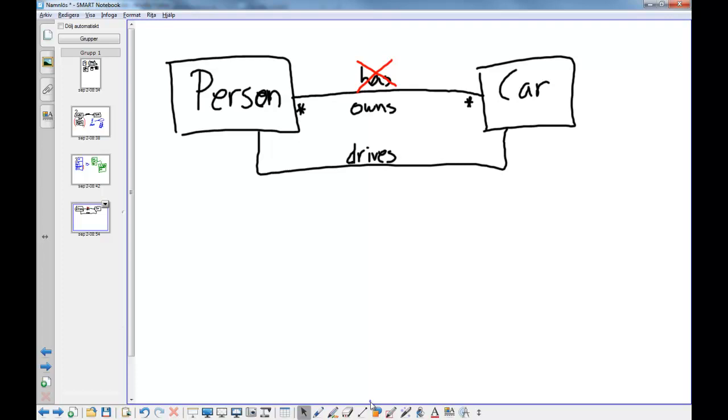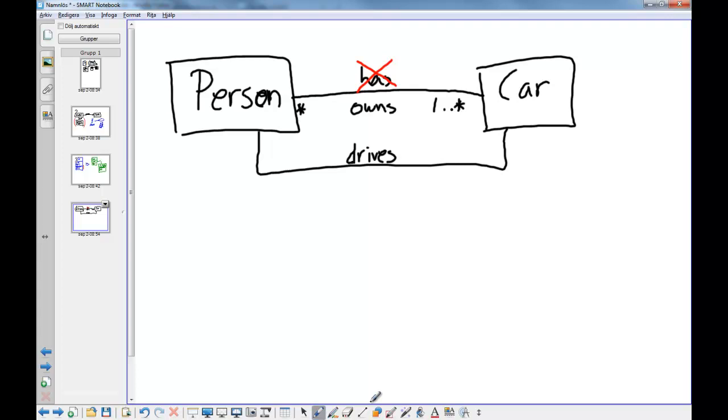So maybe in our system, a person cannot not have a car. So maybe we have this situation instead when we really think about it. In our insurance system, it does not make sense to have people in it that do not own a car, because we're a car insurance company.